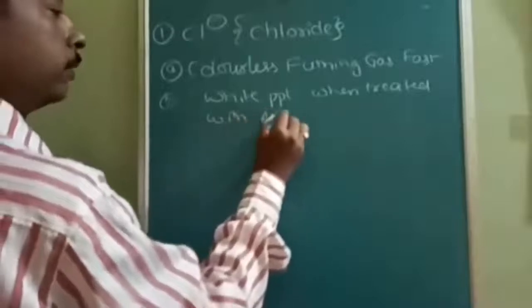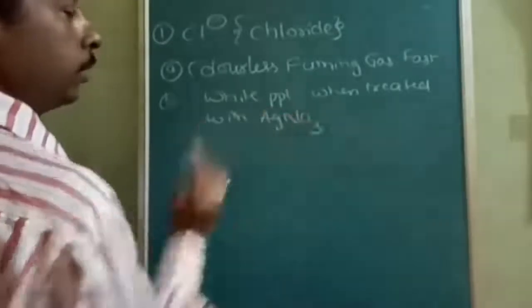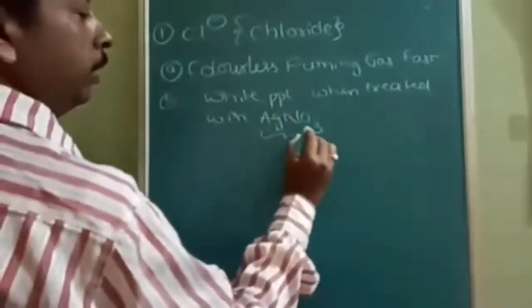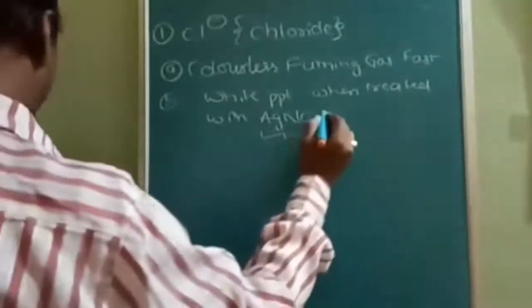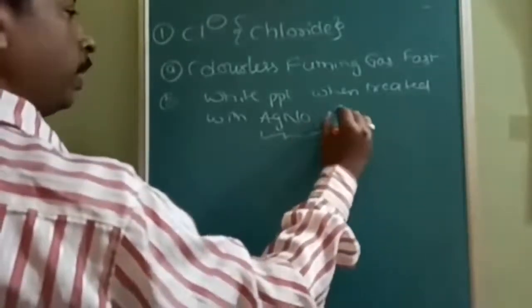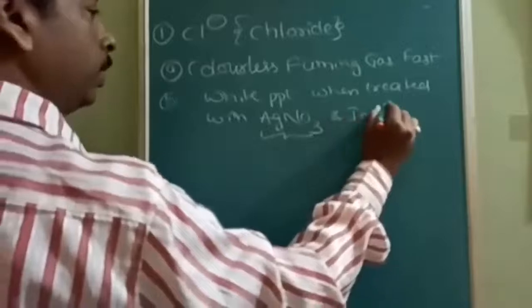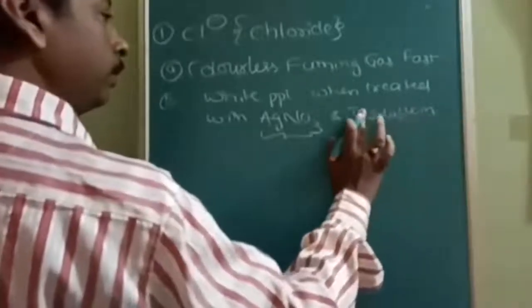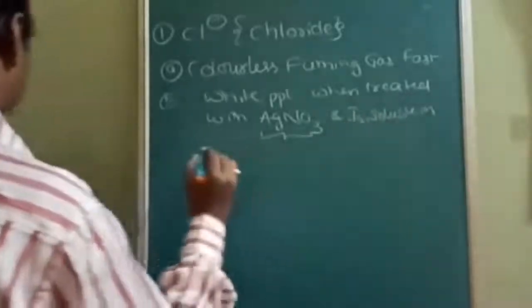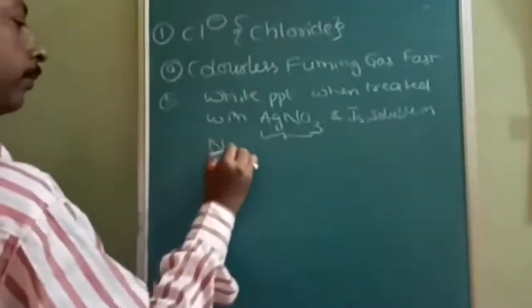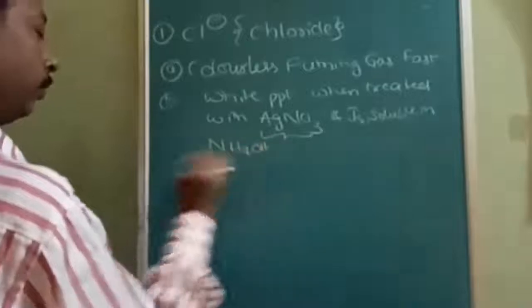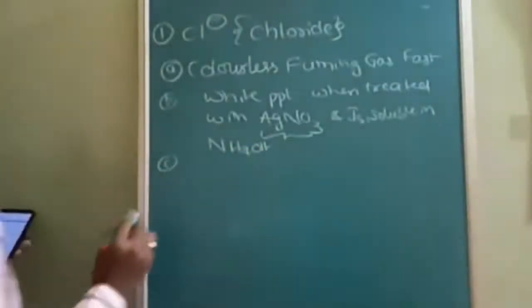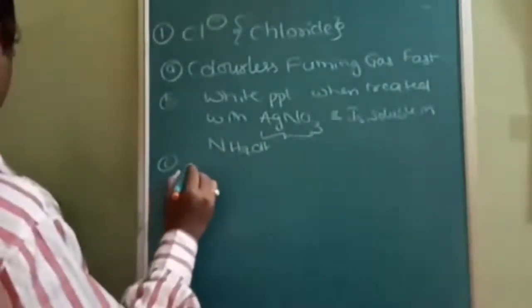Already you must have studied this in coordination compounds; there are integer type questions. It is insoluble, sorry, it is soluble in NH4OH. The third one is the chromyl chloride test.